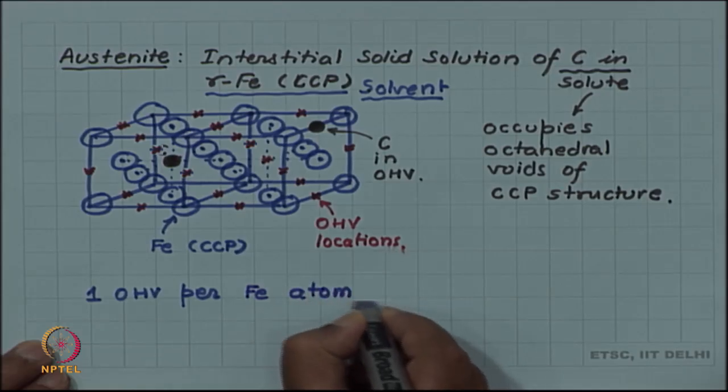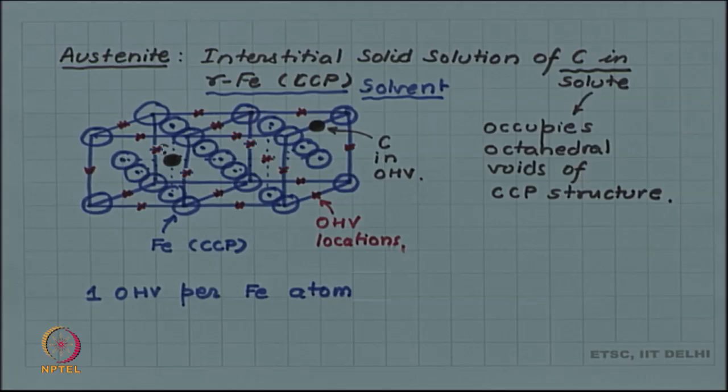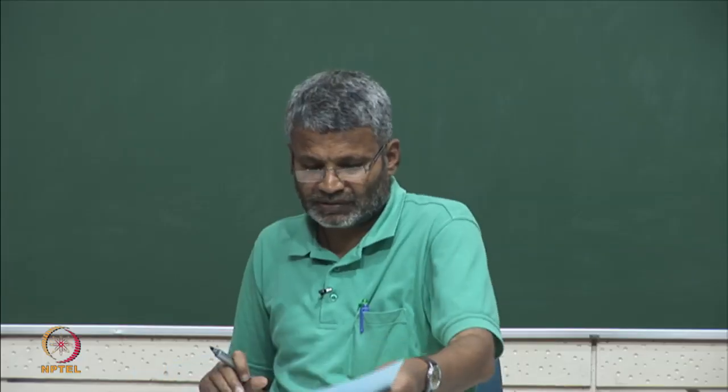So, the number of octahedral voids is the same as the number of iron atoms, and some of those voids, depending on the number of carbon atoms, will be occupied by carbon, and this gives us a cubic close packed solid solution of carbon in gamma iron. And this solid solution in the metallurgical or material science literature has been given a special name, austenite. We will meet it again when we are discussing the structure of steel. So, that is about the interstitial solid solution.